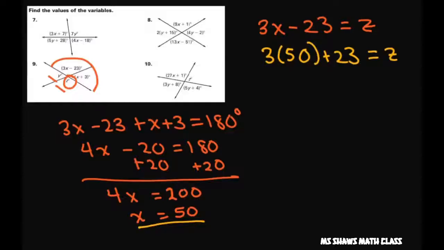Sorry about that. So 150 minus 23 equals 127. So z is 127.